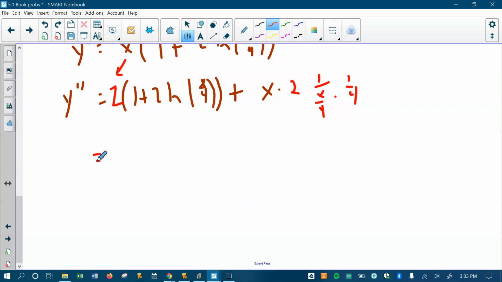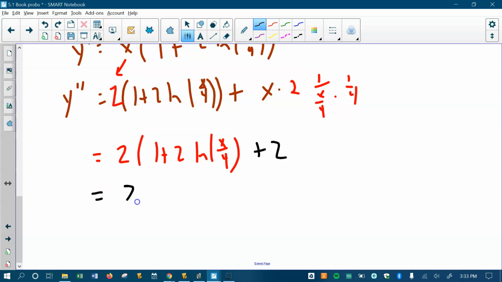Okay, so I get 1 plus 2 ln of x over 4. Sorry, I changed colors there. Plus 2, because you saw that these fourths cancel and the x cancel, so you're just left with the 2. I could actually factor 2 out of this, just because I can.